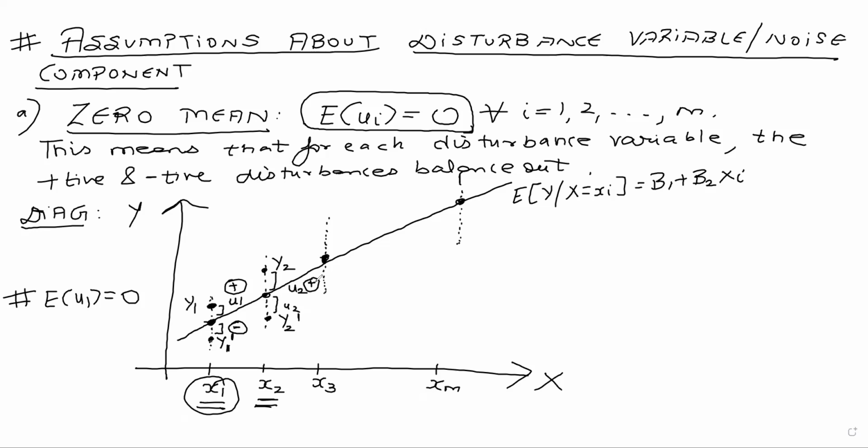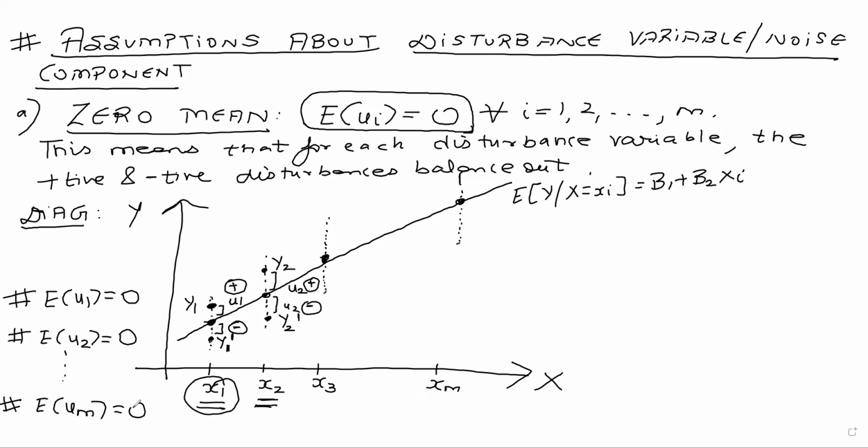In the second case, it's taking negative values. So again, on an average, the positives and negatives will cancel out each other. So I can say expected value of u2 is also equal to 0. And I can keep on continuing this and say expected value of um is also equal to 0.